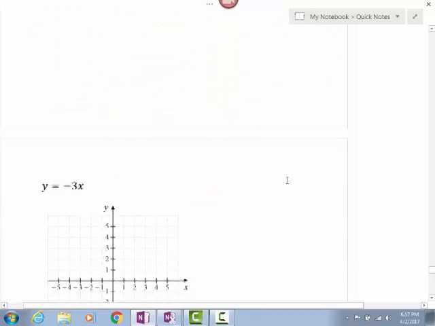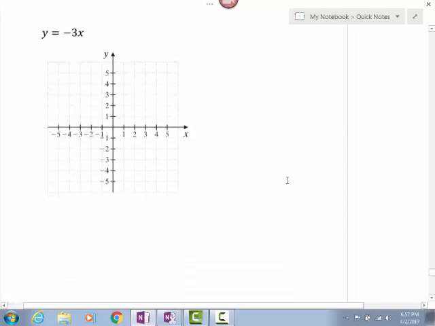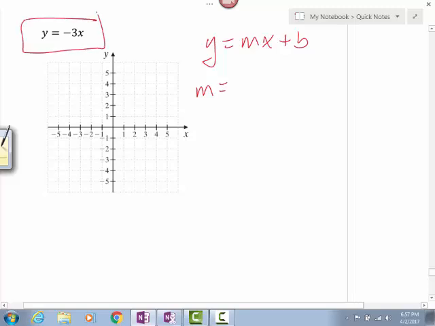Okay, let's try the next one. So if you notice this problem here, again, my basic form is y equals mx plus b. So here, I already know that I'm in the same format. The y is by itself. My m would be negative 3, but I'm going to think about it as negative 3 over 1.